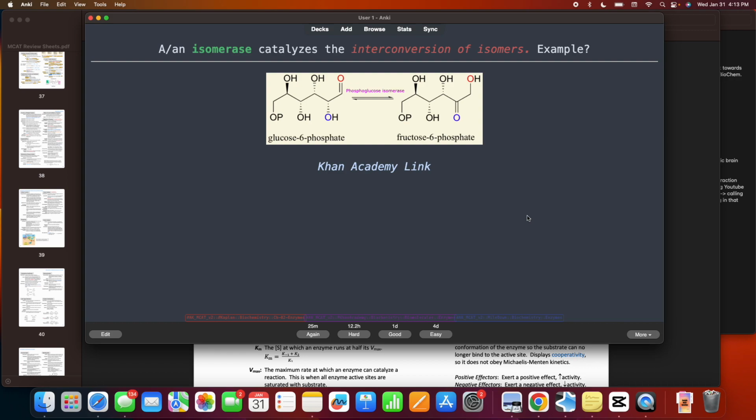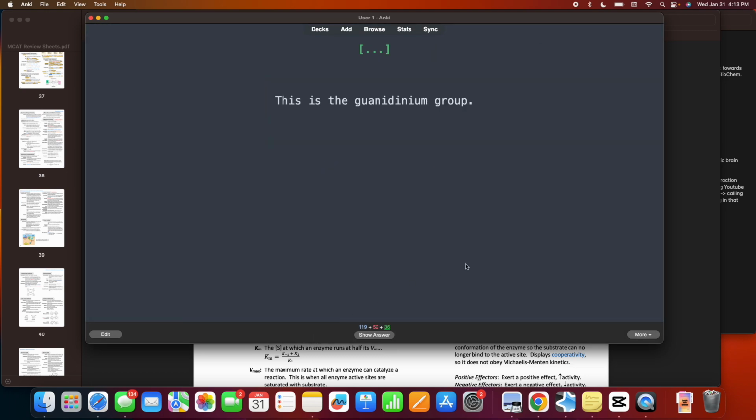Okay, so now we have phosphoglucose isomerase down. We can do that again. This is the guanidinium group. So we have three of these different groups, I believe.